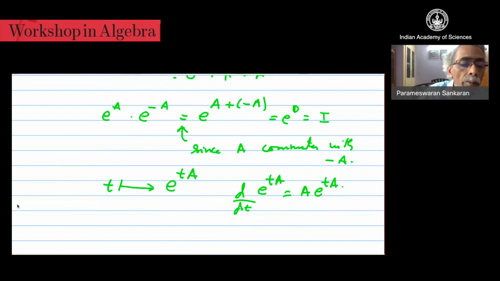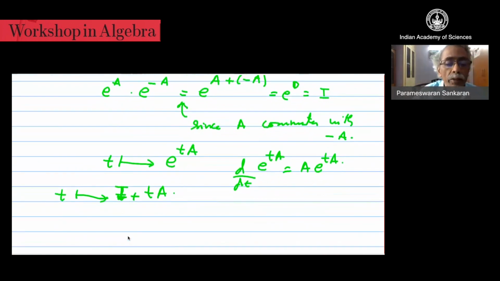If you were talking about the other curve, that's also smooth. T goes to the identity matrix plus t times A. Well, this is just a linear curve. As t varies, you pick up a straight line passing through the identity matrix and the matrix A. When you put t equals 0, you get the identity matrix.